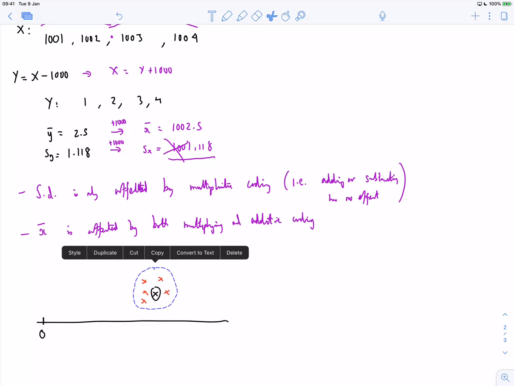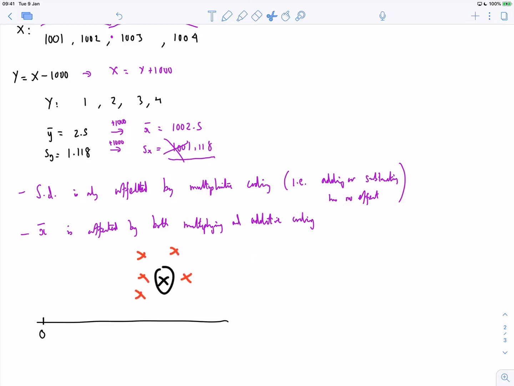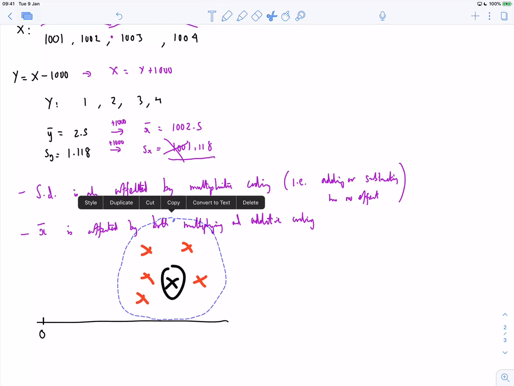However, by multiplying, essentially what you're doing is increasing it, or making it smaller, and so on. So only the multiplicative parts are going to make the average distances larger. Okay, that's a key concept.